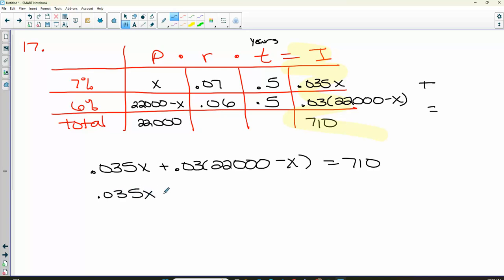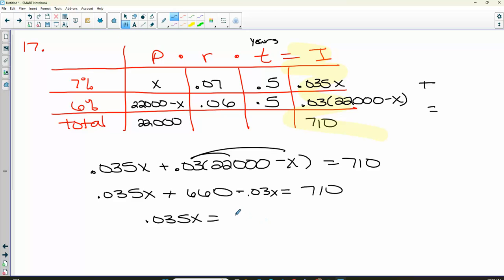So if I distribute the way I have it set up, and combine my like terms, I get 0.035x equals, if I subtract that over 50, that's 0.005.